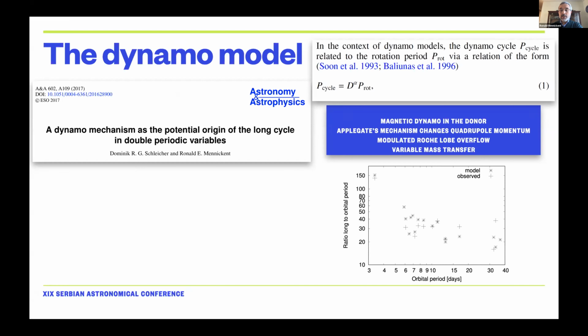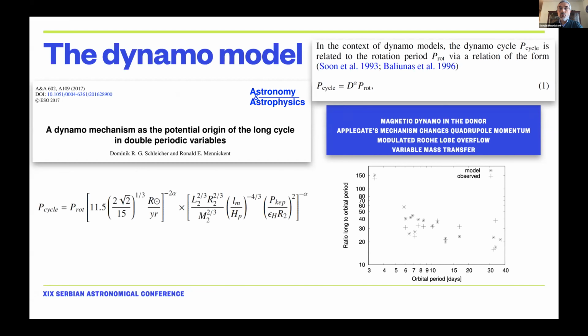So the prediction of this model, which is explained in detail in the paper here, is a long cycle proportional to the rotational or orbital cycle.